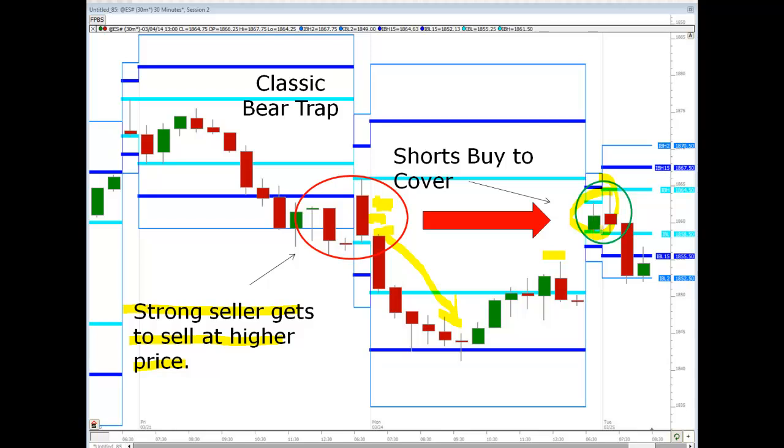As more and more sellers begin to cover, more and more sellers begin to sell to them, or that one huge strong seller starts to sell at a much higher price. And before you know it, since there really was not a strong buyer that's lifting prices higher and taking the market higher, take a look at what happens after this initial balance period, which is a rather small one here.